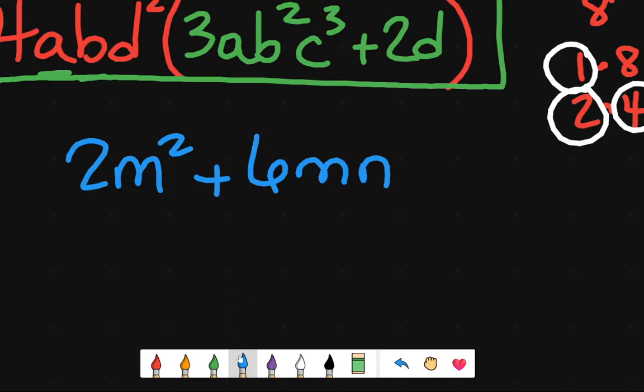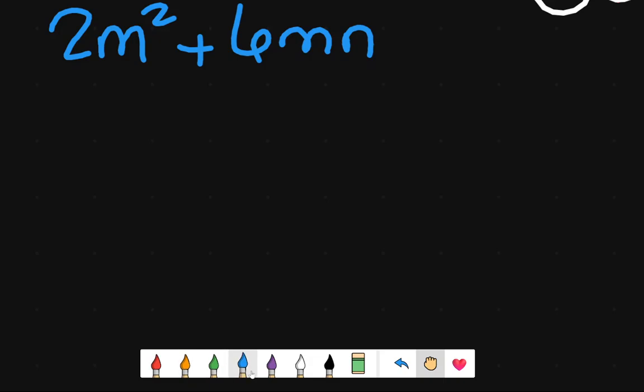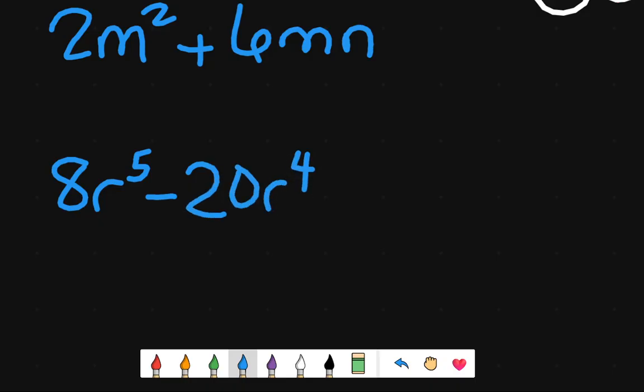And you are to factor out one more. See if you can apply your lesson, apply your understanding. 8r to the fifth minus 20r to the fourth minus 12r to the second. I want you to factor it out, bring it back.